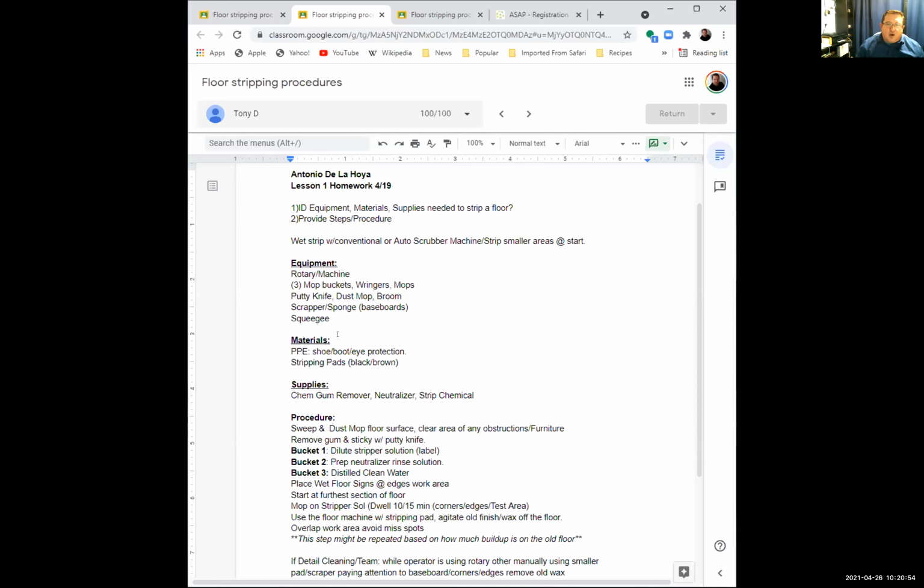I was running back and forth, squeegeeing it, sucking it up, and I was just doing a scrub and recoat. I just needed to scrub it clean and put a couple coats down. Same process, SPP pad. I didn't use chemical stripper, but it takes time.